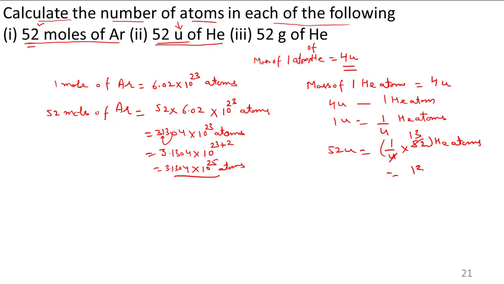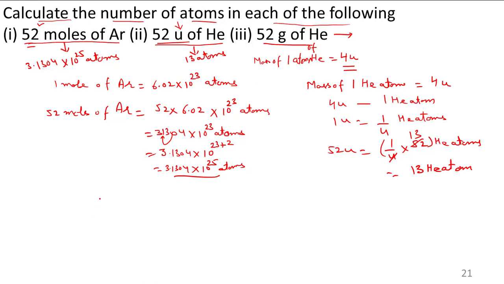We have 13 helium atoms. So 52 U of helium contains 13 atoms, and 52 moles of argon contains 3.1304 into 10 raised to the power 25 atoms. It is very interesting. So let us see the third part.